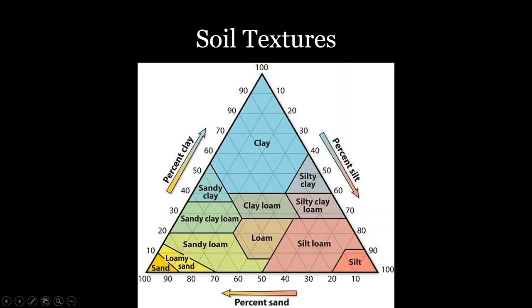Then that soil would be a loam. And you can use this chart to figure out for any percentage of sand, clay, or silt what the resulting texture name would be.